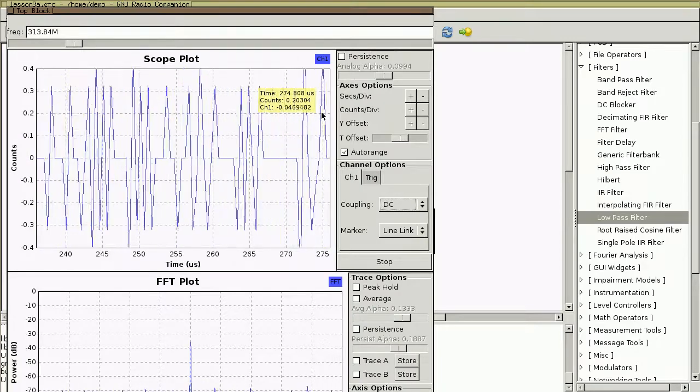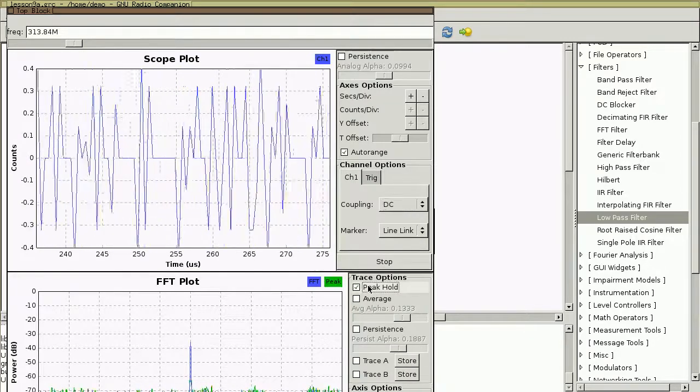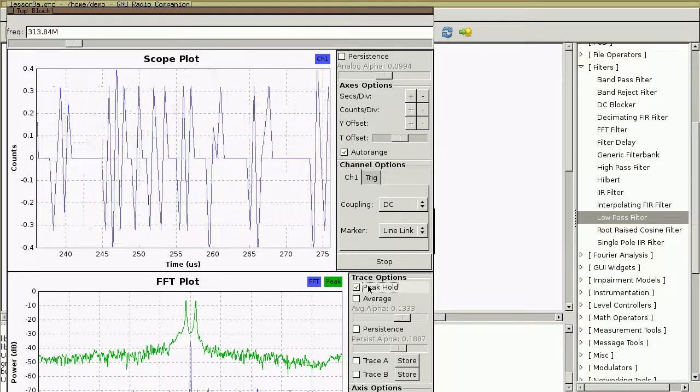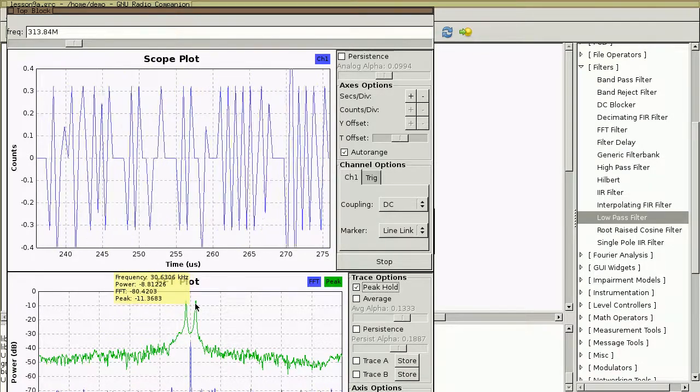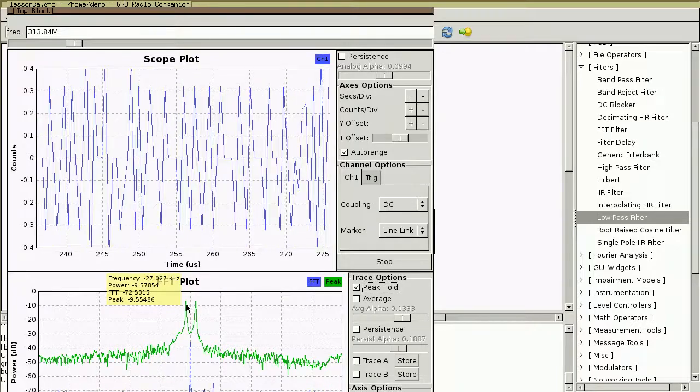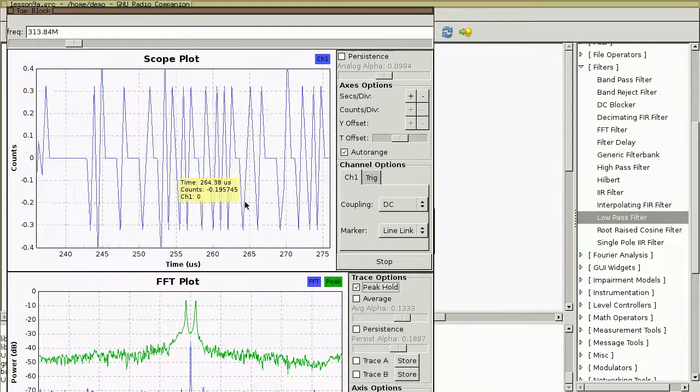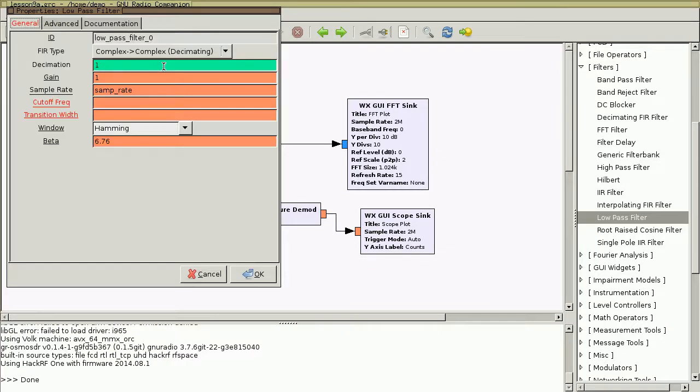If we look back here and I set peak hold and turn on my transmitter, we can take a look and see that these peaks are at about plus or minus 30 kilohertz. So I'm going to set my cutoff frequency a little bit higher than 30 kilohertz. Let's say 40 kilohertz or 40 E3. And then I'll set the transition width to something a little bit less than that, maybe 20 E3.